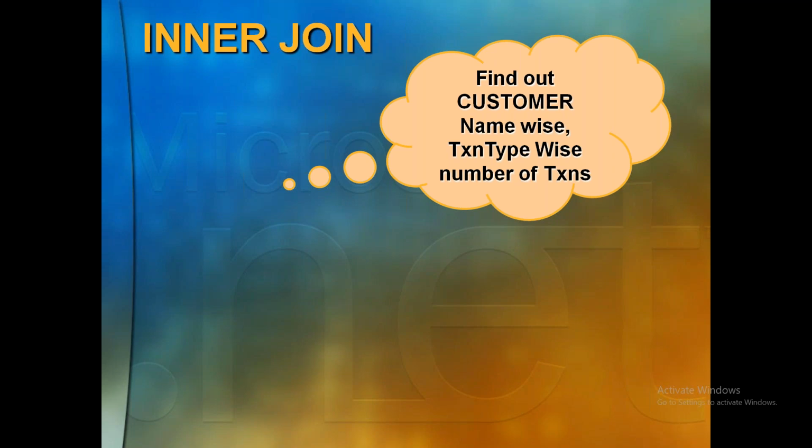For example, Billion: how many cash deposits she has done so far, how many cash withdrawals. Again, Bhaskar Jogi: how many cash deposits, how many cash withdrawals so far. Clear? So I wanted to use two tables.